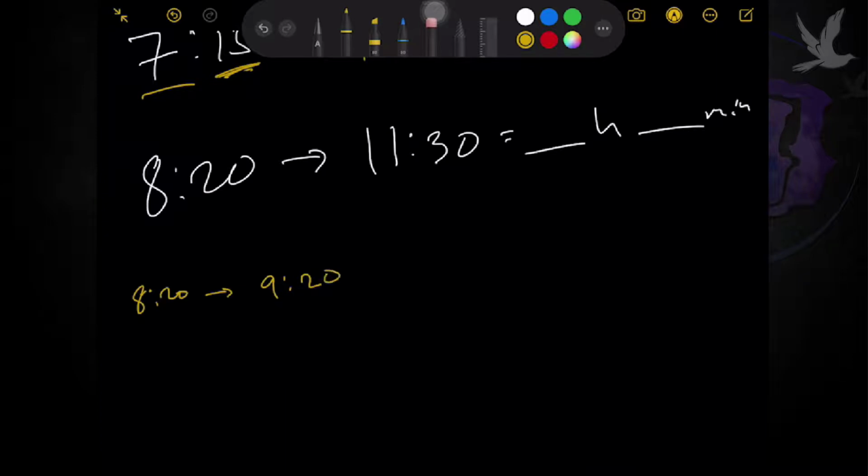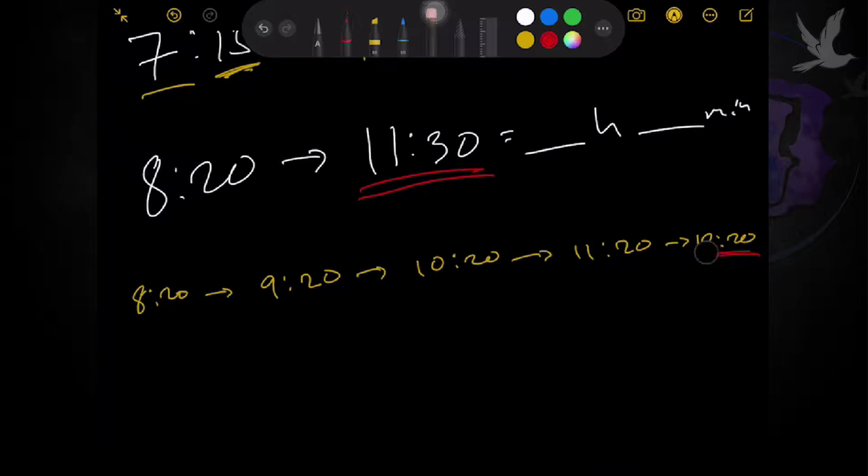This marks your first hour. Then 10:20, then 11:20, and try to do the next hour, which is 12:20. But if you notice, 12:20 is already more than 11:30. Correct? So which means you should not include this anymore.